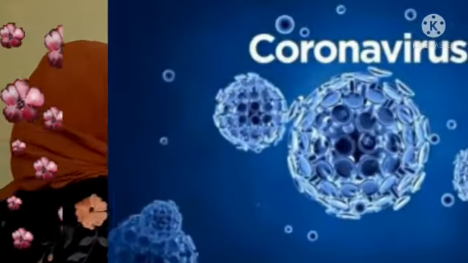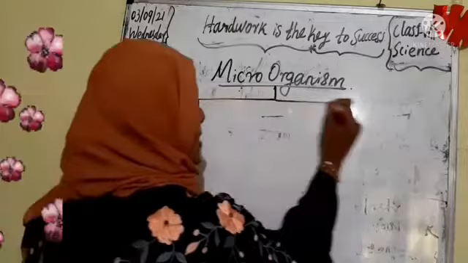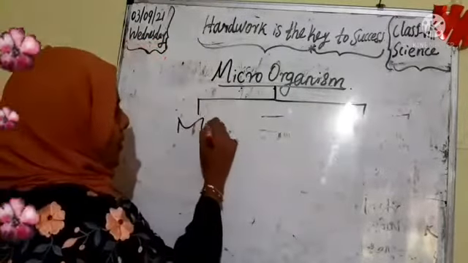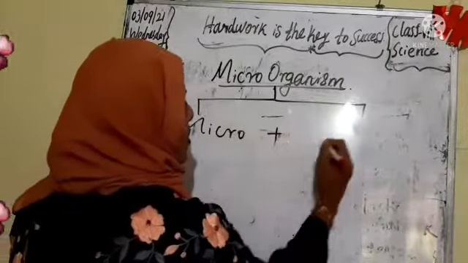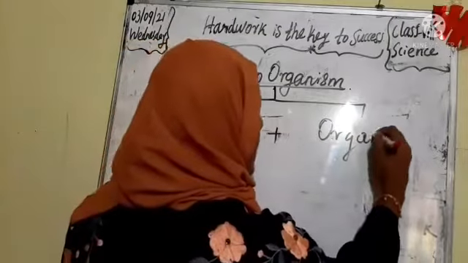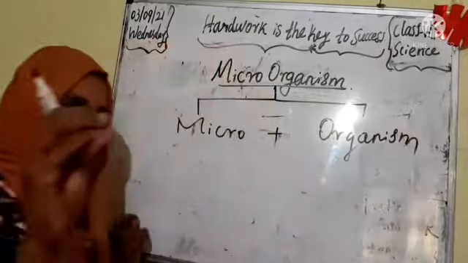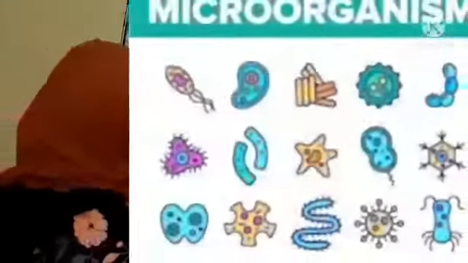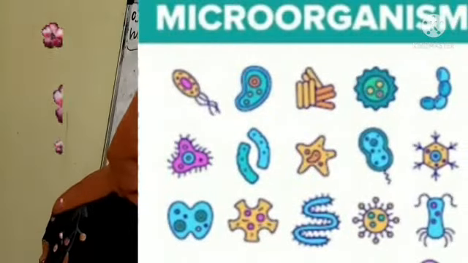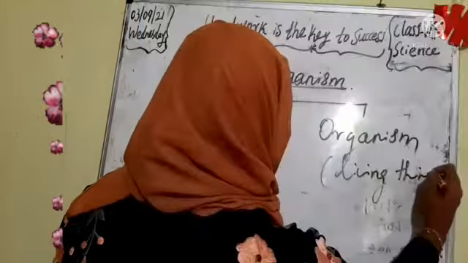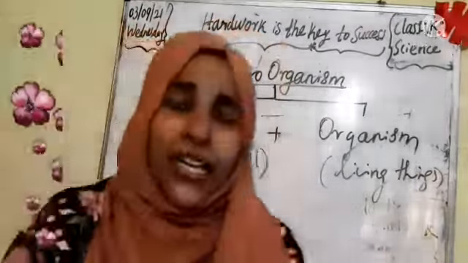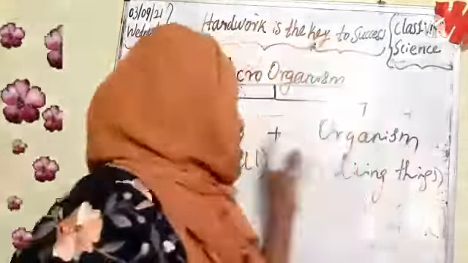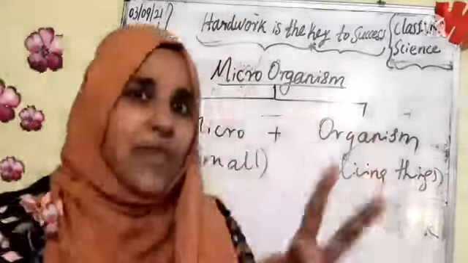We all know that microorganisms means micro. That means what, children? Micro means small. Okay, small organism. So micro means small and organisms, we know, are living things. So microorganisms means small living things, the name itself.